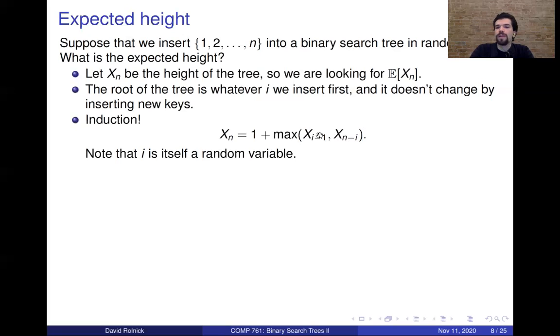The first ones form the left subtree, the last ones form the right subtree. And then the root is whichever one we insert first. More questions, more confusions? I apologize, I should have explained this better. Please let me know if anything is still confusing.